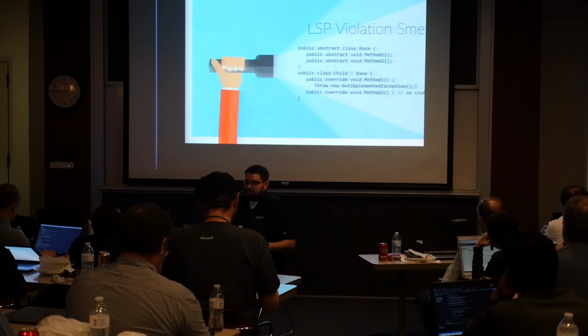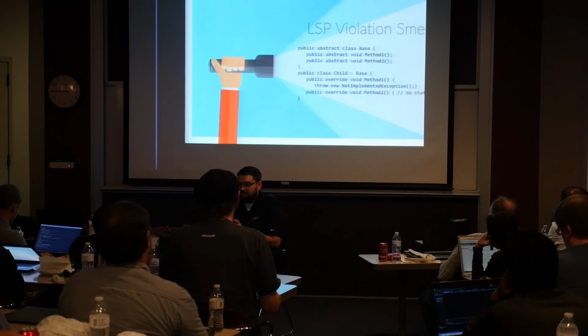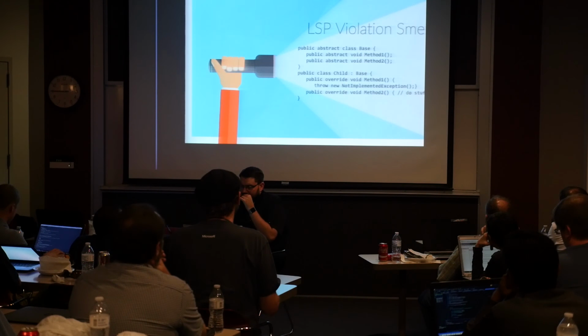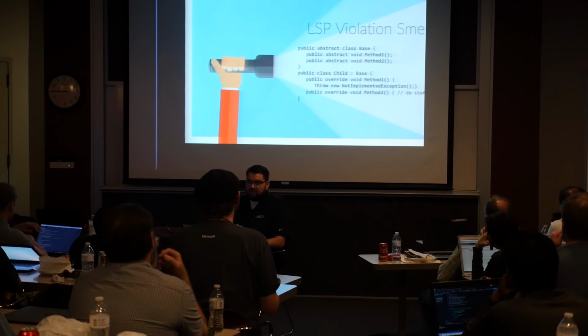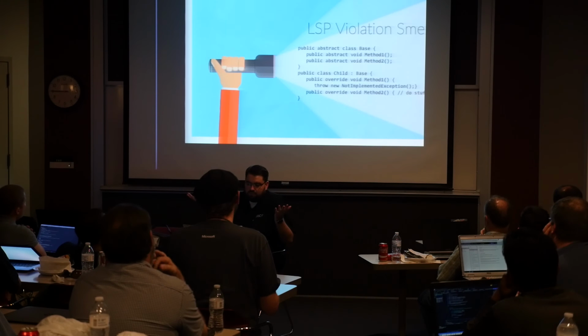Another one is if you find that you are not using pieces of the base class. In this case, we have an abstract class with two methods, method 1 and method 2. In method 1, we're throwing a not implemented exception, and in method 2, we're actually doing something. Again, you might think, what's the problem? Who cares?